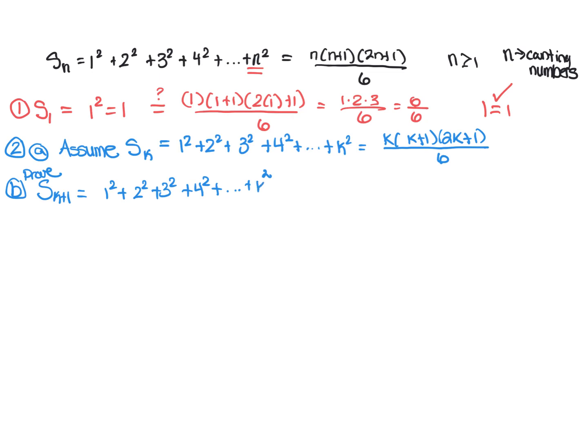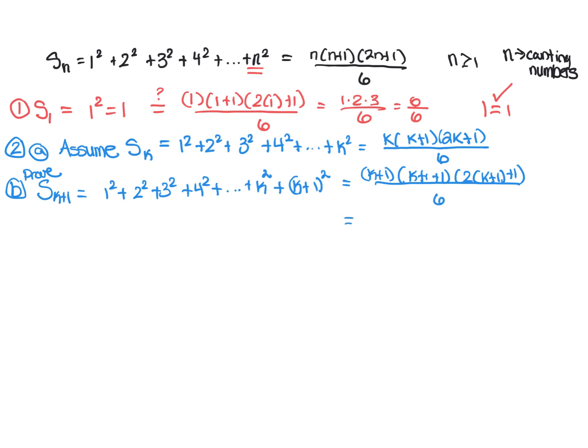So down here, it's going to be a k squared. Now remember, I don't just go to k, I go to k plus 1. So this should be plus k plus 1 squared equals k plus 1 times k plus 1 plus 1, and then 2 times k plus 1 plus 1, all over 6.